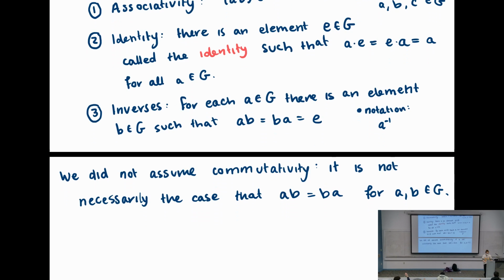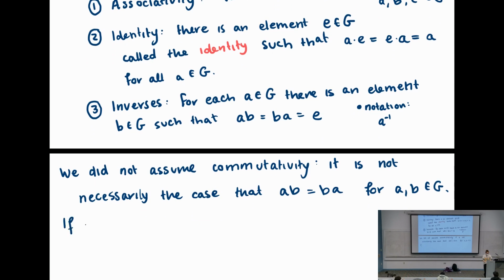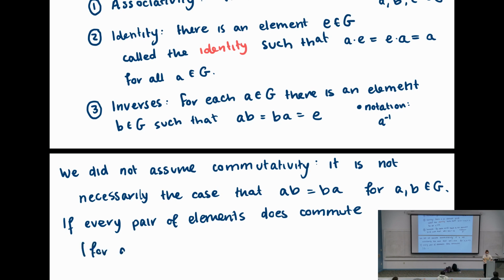And if every pair of elements does commute, so in other words, for all A, B in G, we have AB is equal to BA, then the group is called abelian.